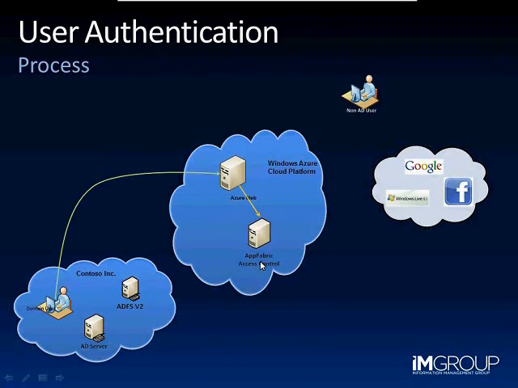Based on the user's chosen option, access control redirected the user to the proper ADFS v2, which was hosted on the demo domain. Based on the AD server, it presented the domain user with a username and password screen.